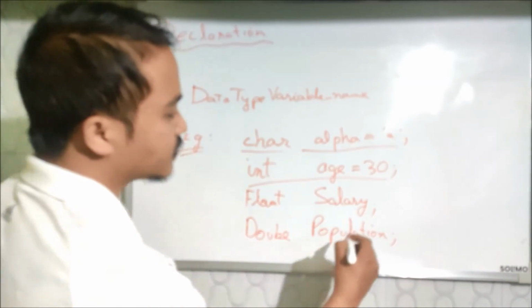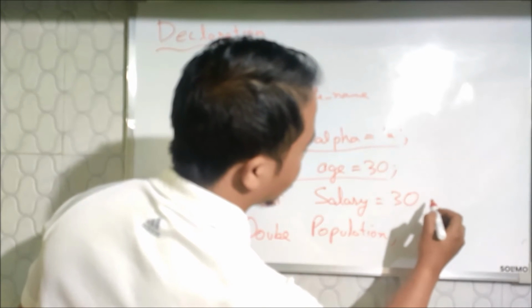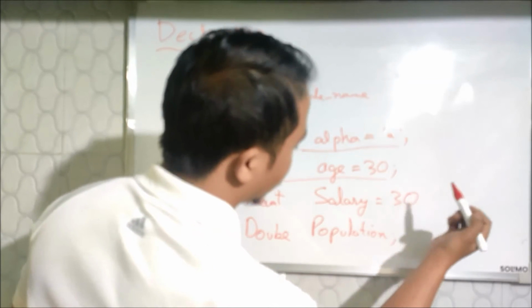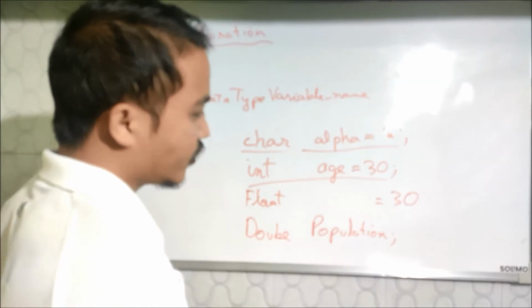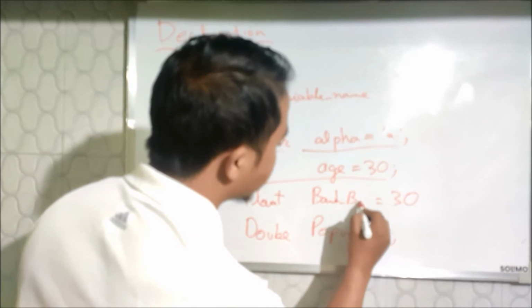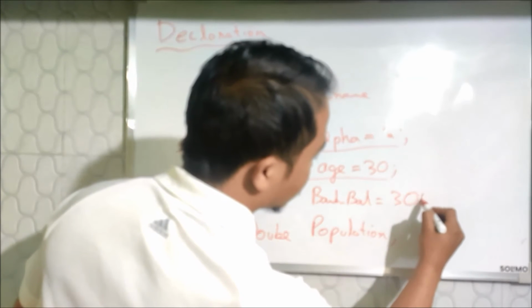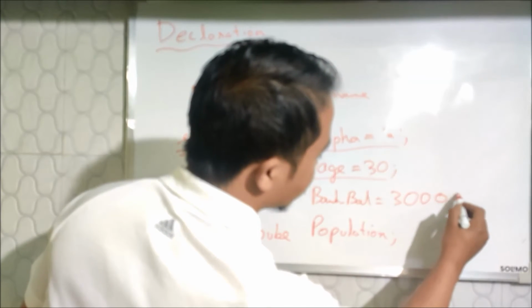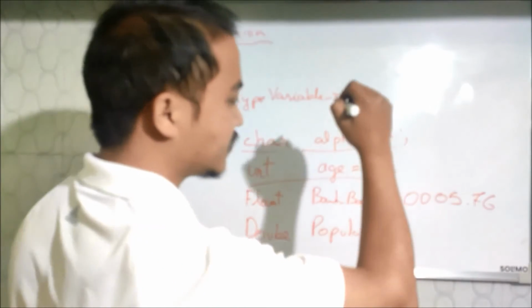Let's say float, we'll not say salary, but we'll say bank balance, you have 30,005.76.